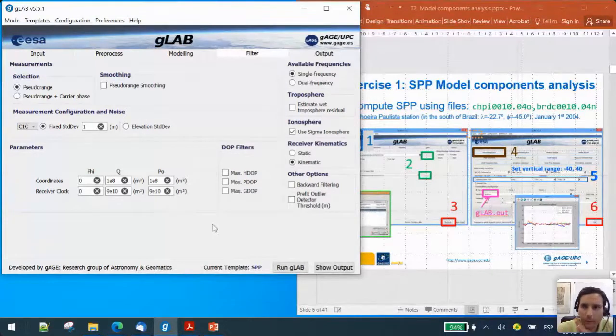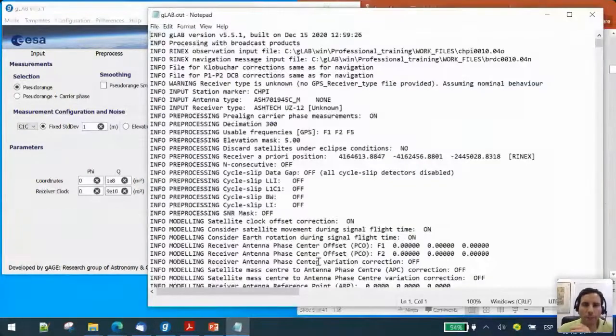As you can see, we have performed the processing, and apparently nothing happened. We have only seen a progress bar being completed. If you click the Show Output button, you will see that we open the output of GLab.